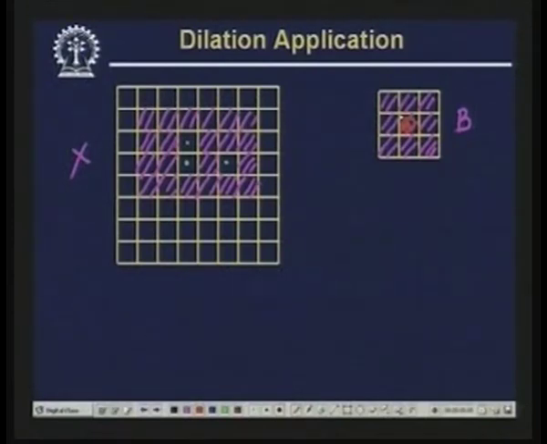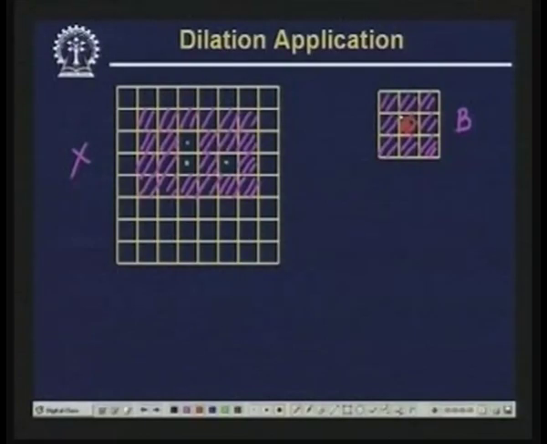Now, find that if I go for dilation of this given image with the given structuring element, then the dilation result will be the same, whichever definition you follow, whether it is the vector addition definition or the translation of the reflection of B to various locations in our given image X, as we have seen that we get identical outputs.